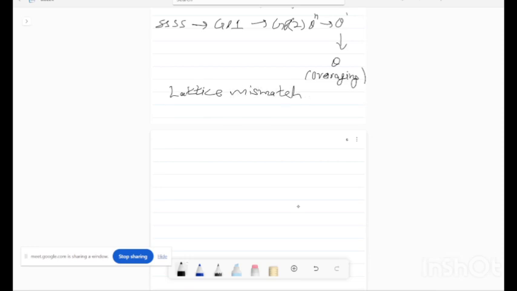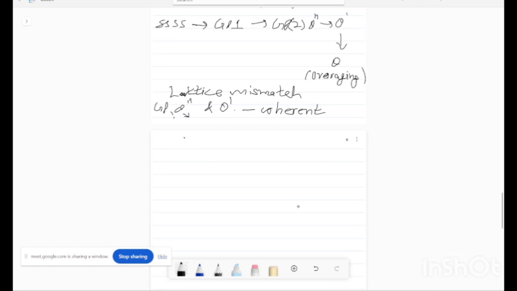So this lattice mismatch increases with time. The theta double prime and theta prime are coherent with the matrix, so they produce the lattice mismatch.